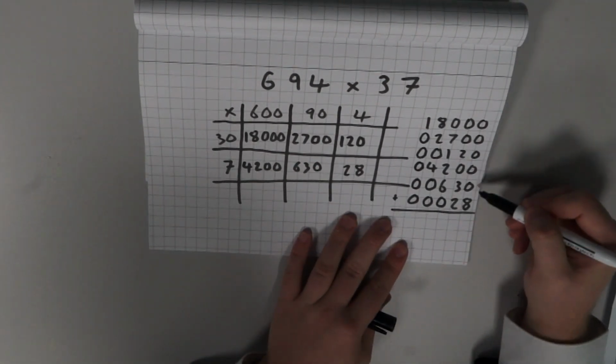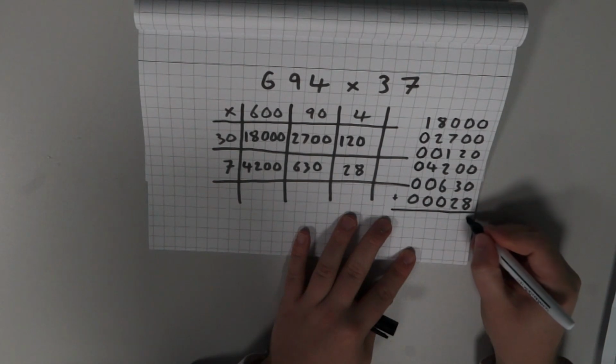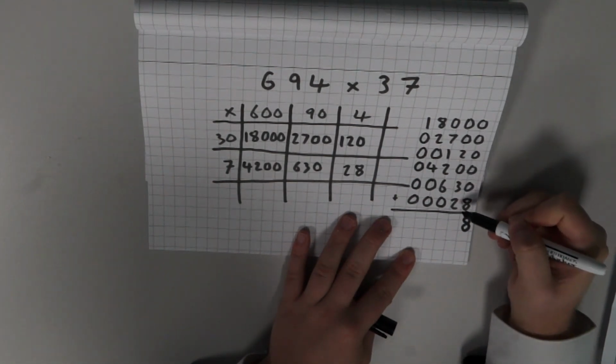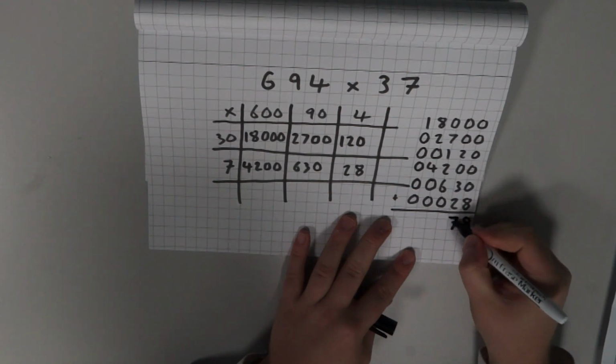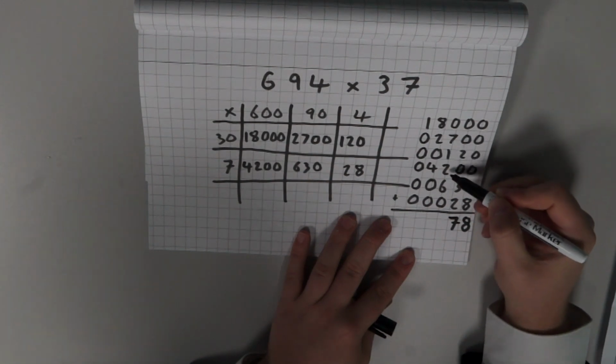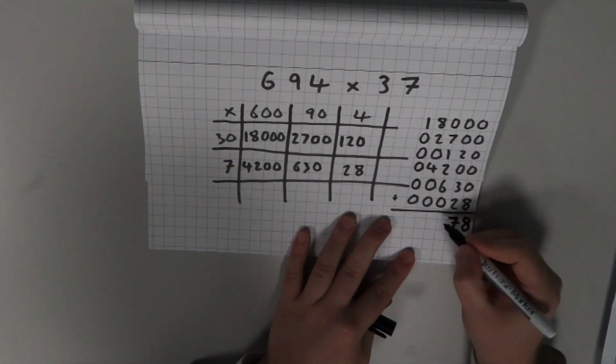Okay, so I've got all zeros here, just 8. 0 add 8 gives me 8. Then I've got 2, add 3, add 2, that gives me 7. 7 add 1 gives me 8, add 2 gives me 10, add 6 gives me 16.